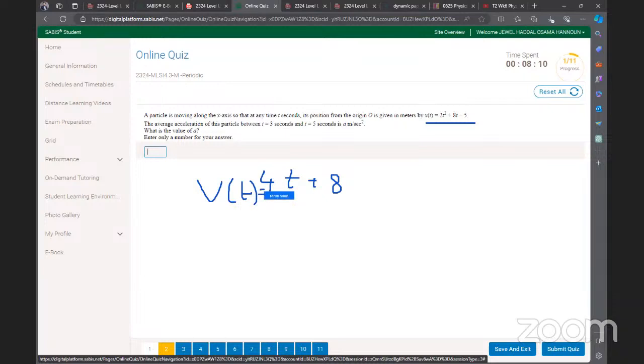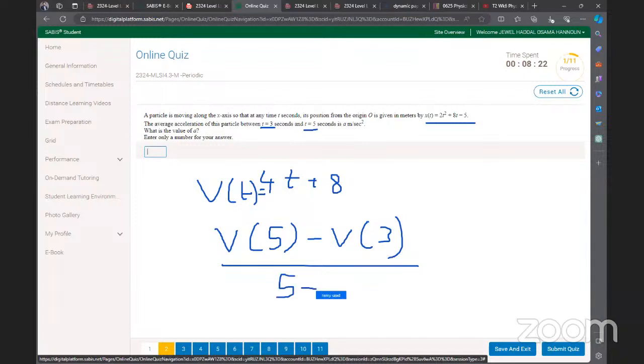In order to get the average acceleration, all you have to do is, we have t equals 3 and t equals 5. So it will be v of 5 minus v of 3 over 5 minus 3. This is how to get the average acceleration. Okay, do it.